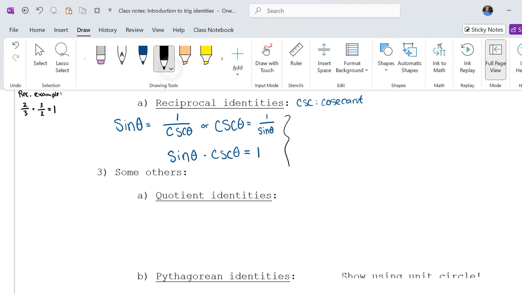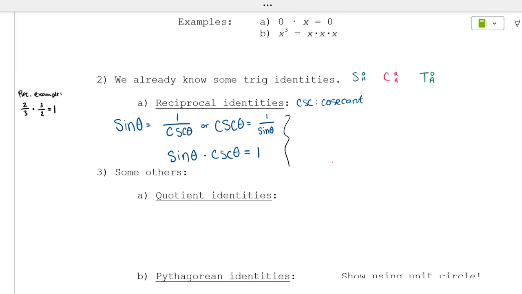Let's go to the cosine reciprocal identity now. So the reciprocal of cosine is something we call secant. Now that one should be a little bit more familiar to us because we've learned about it when we learned about secant lines in past math topics.